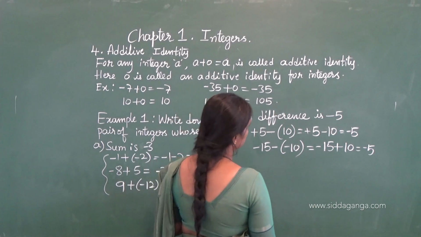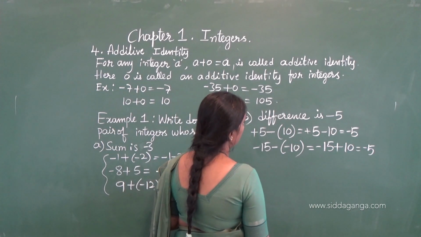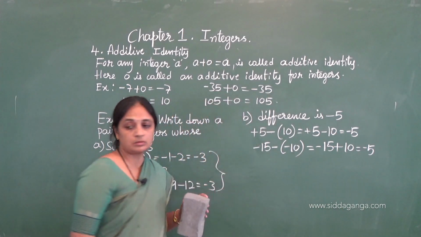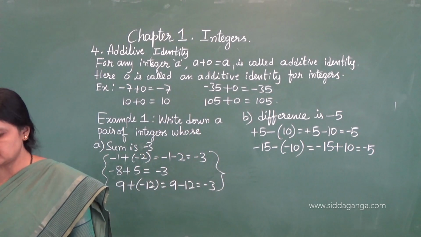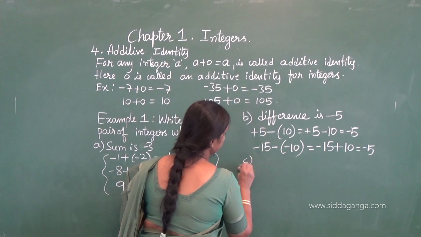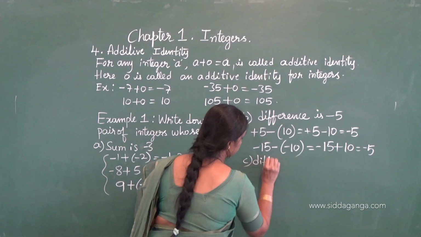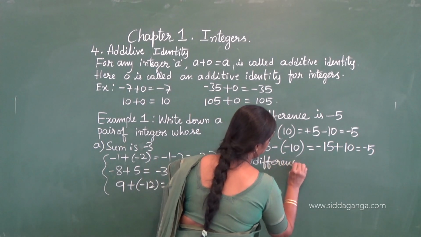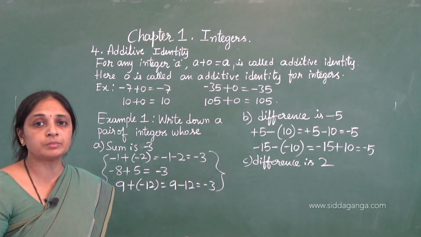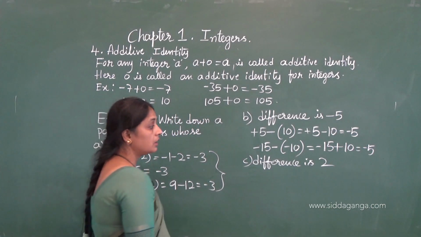In this way we can take this. And the third one is difference is 2. When we subtract, we should get 2.